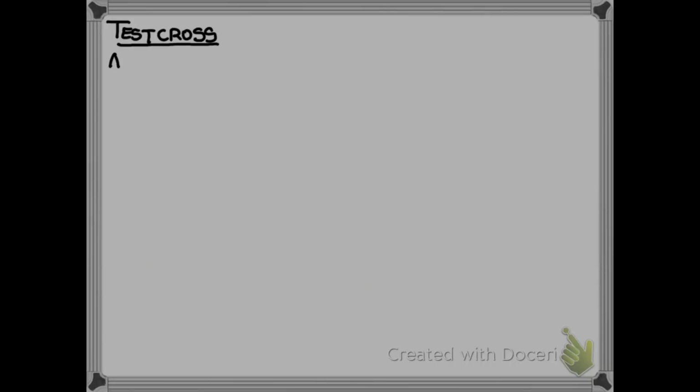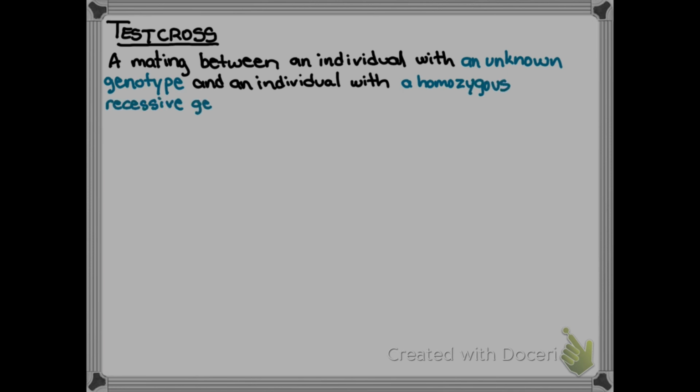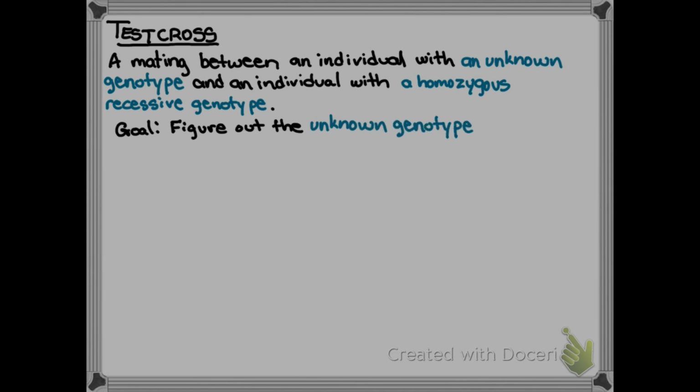A test cross is a mating that occurs between an individual with an unknown genotype and an individual with a homozygous recessive genotype. The goal of a test cross is to figure out what the genotype of the unknown individual is.